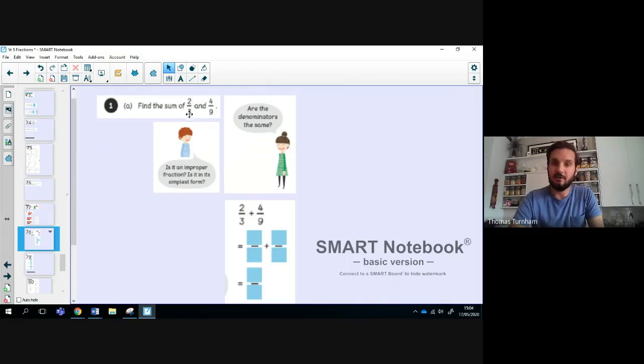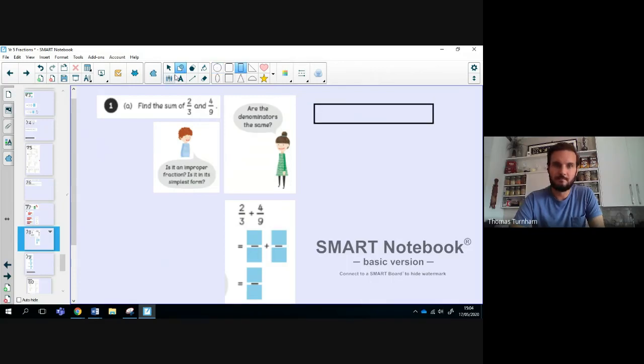So 2/3 is going to be the same as how many 9ths? Well, to get my 3rds into 9ths, I've got to cut each of those 3rds into 3 parts. So let's just remind ourselves what I mean. I've got my whole, and let's just pretend these are perfectly equal.